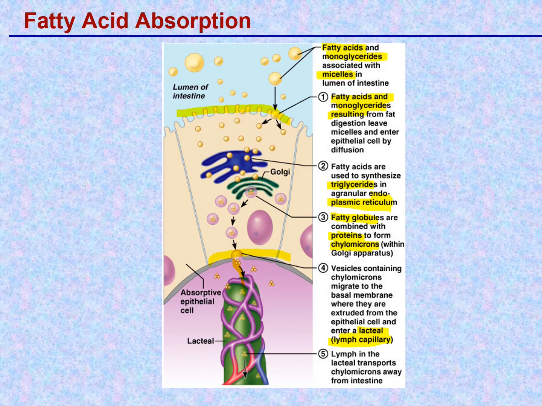And the lymph in the lacteal will transport those chylomicrons away from the intestine through the lymphatic vascular system up to a point in the chest where they enter into the bloodstream.